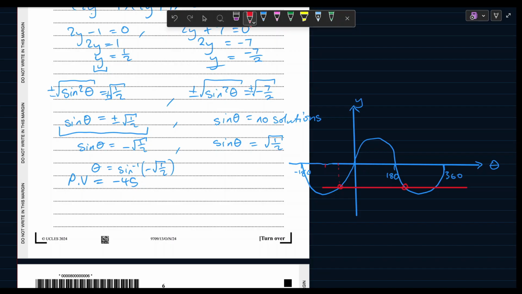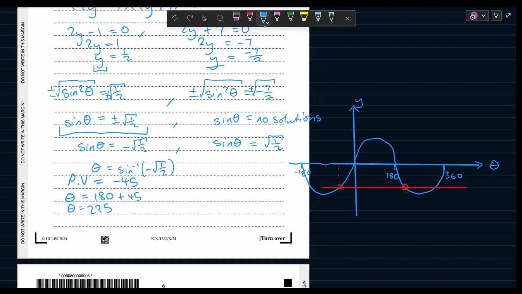So we're going to have a solution at 180 plus 45 and 360 minus 45. So theta is equal to 180 degrees plus 45, which gives us 225.